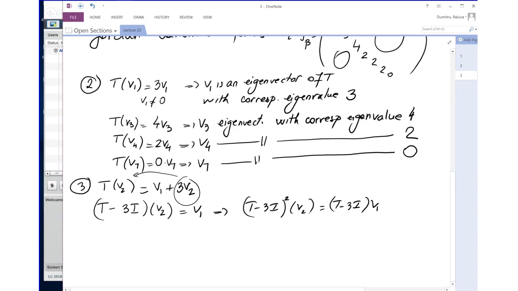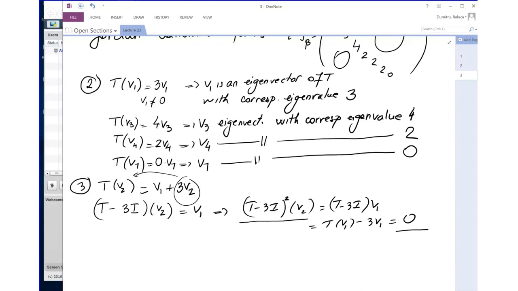Because v1 was an eigenvector corresponding to the eigenvalue 3. So T of v1 equals 3v1. So by applying T minus 3 identity again on top of both sides, I get 0. This doesn't mean that v2 is an eigenvector of T, but it means it is an eigenvector of (T minus 3 identity) squared, if you want.